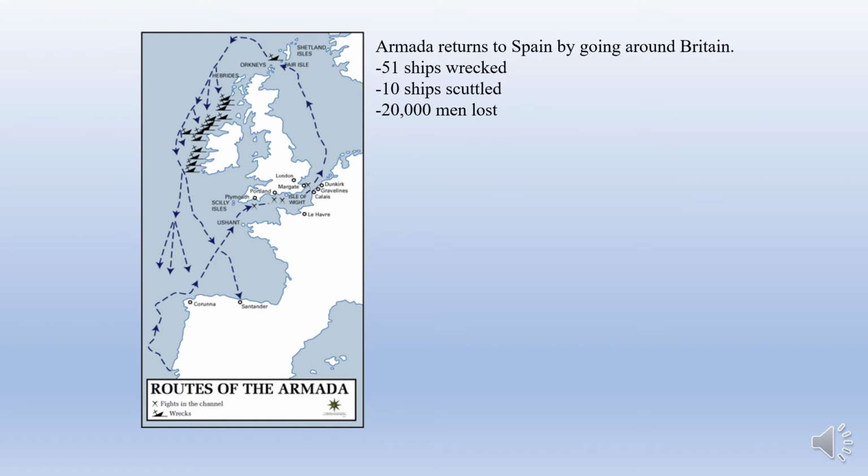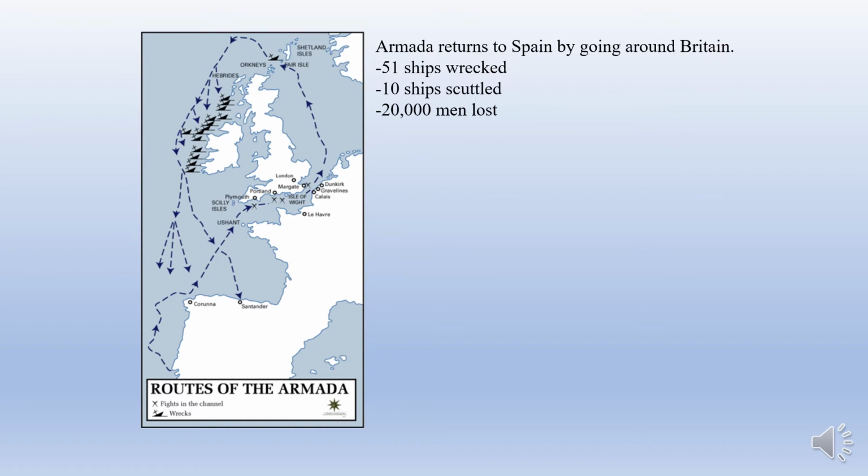Well, what happens is the Spanish fleet has to go around Great Britain, the islands of Great Britain and Ireland, to get home. And if you look at what happens, in this period of time, 51 ships are destroyed. Some ships are damaged so badly that 10 of them have to actually be scuttled. They sink them themselves.